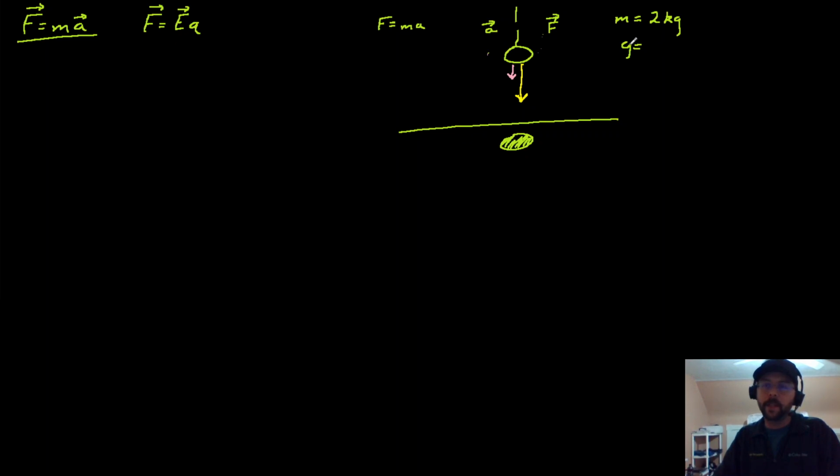So in this case, g, standing for a constant that represents the acceleration of an object close to the surface of the Earth, meaning not in outer space, basically, is going to be 9.8 meters per second squared.